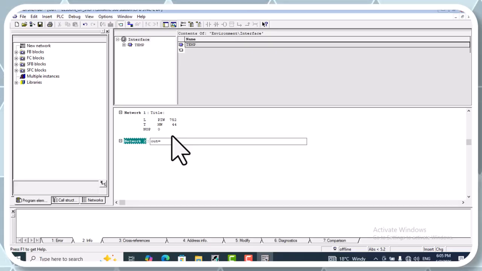Out is equal to MV, which we used to store the signal from our previous lesson.